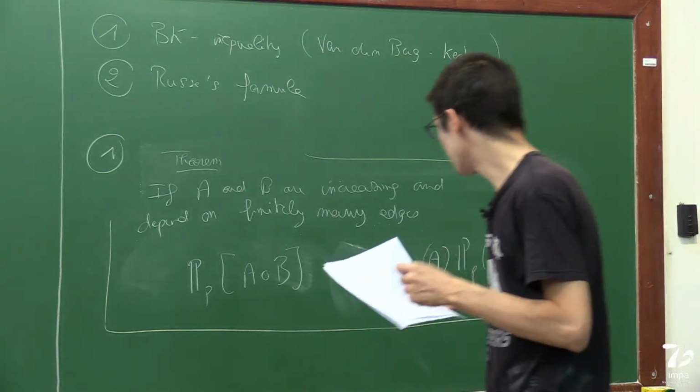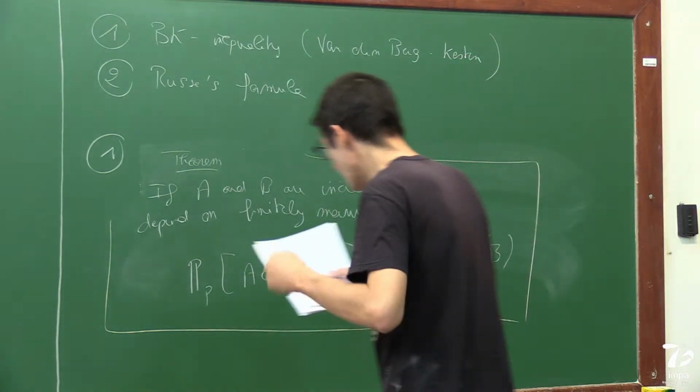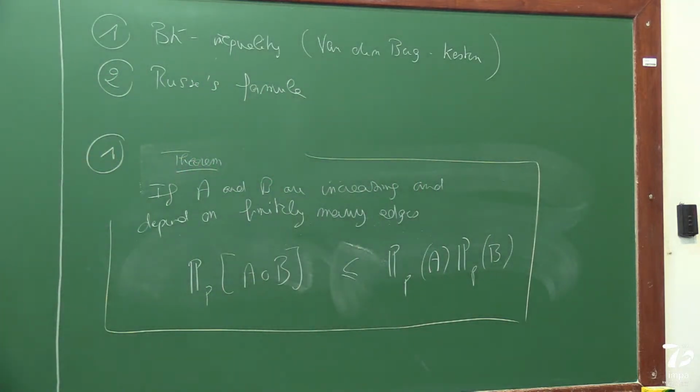So the idea is to modify things little by little and check that we have inequality in each step so that in the end you get this inequality.